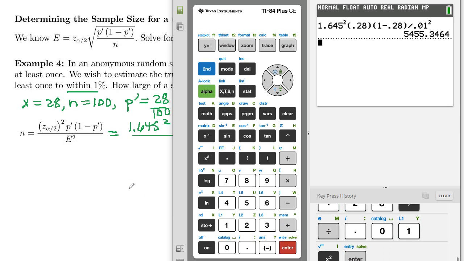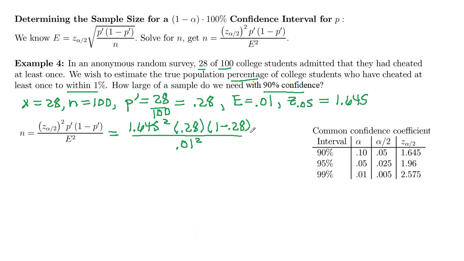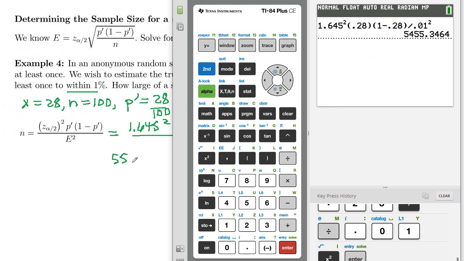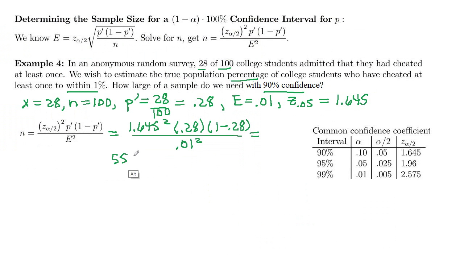So we get 5534.56, and you always have to round sample size up, so we need a lot bigger sample to estimate within 1% margin of error.